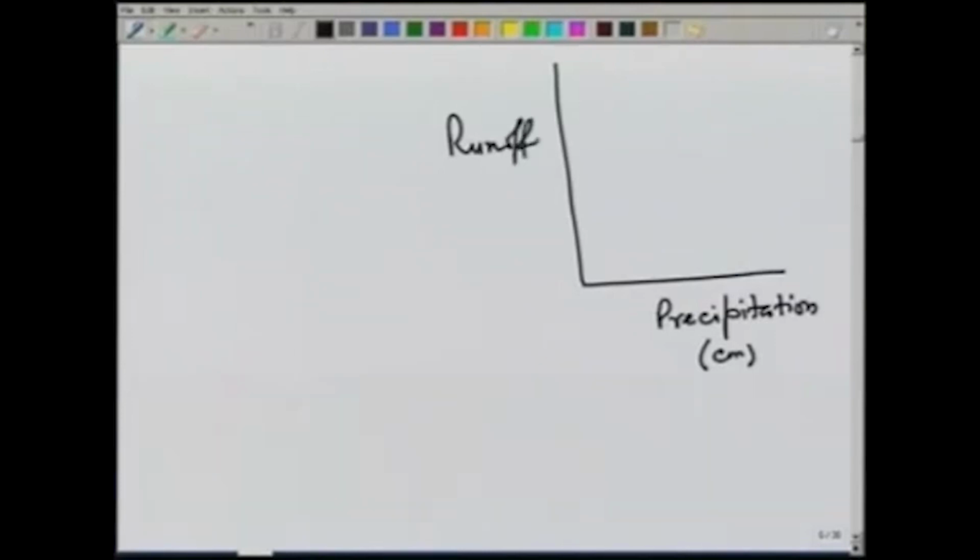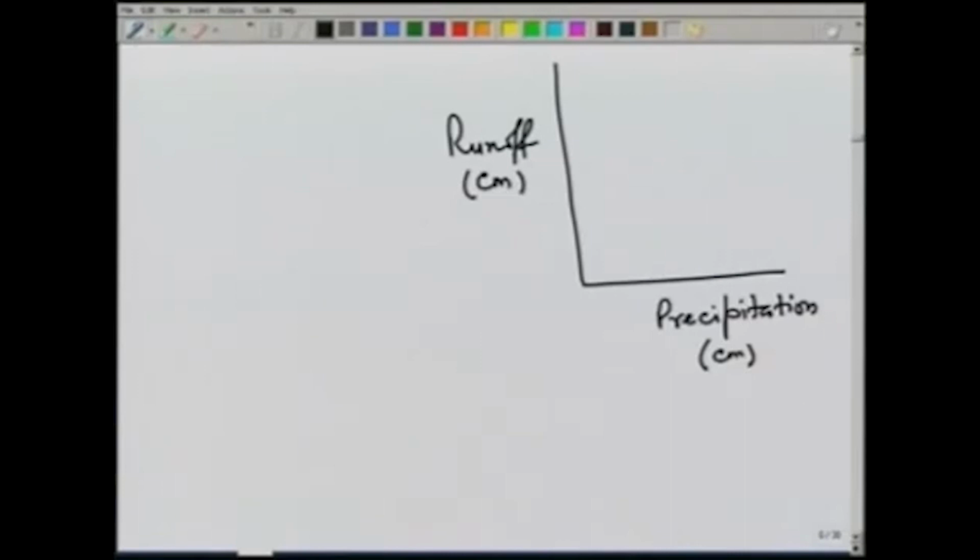If you plot the record of the rainfall and runoff, so if we have the precipitation, let us say in centimeters or millimeters, and the runoff can also be converted into centimeter units over the whole catchment area.